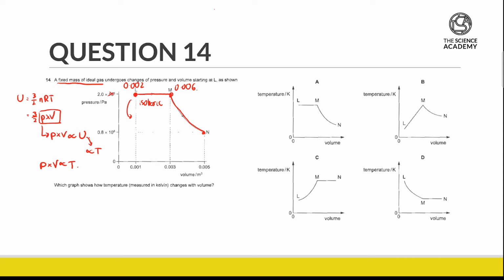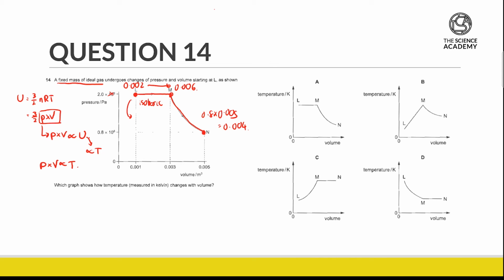And finally, at this position, P times V is going to be 0.8 times 0.005. This gives me 0.004. So essentially we can see that the temperature is rising to begin with.